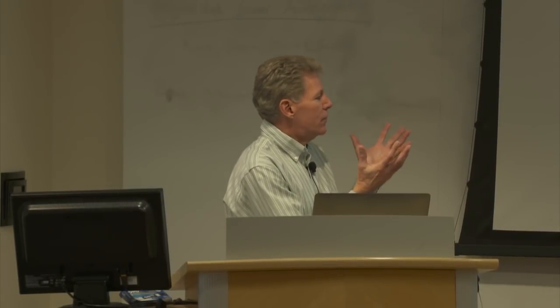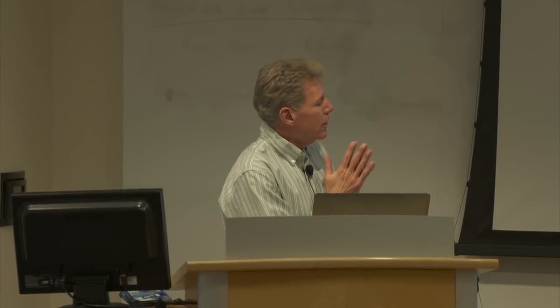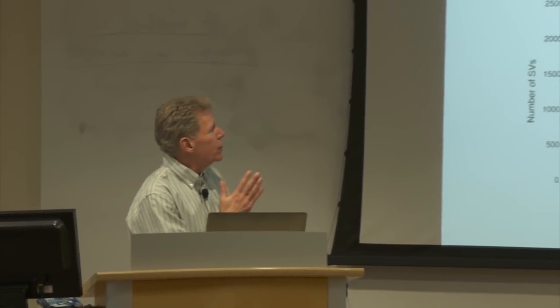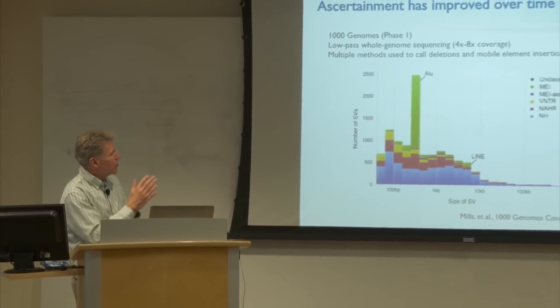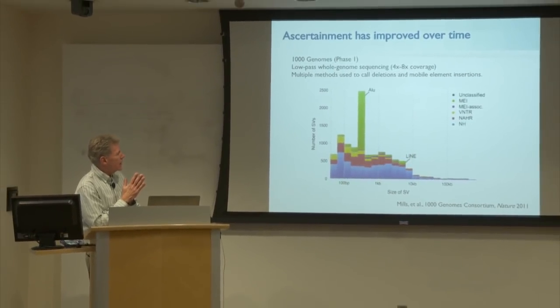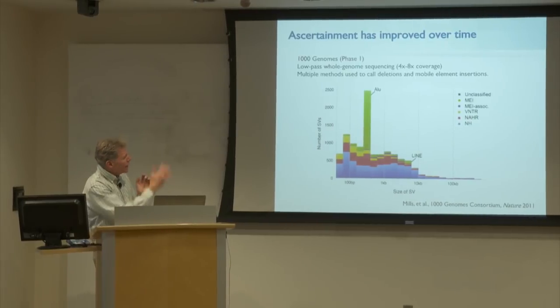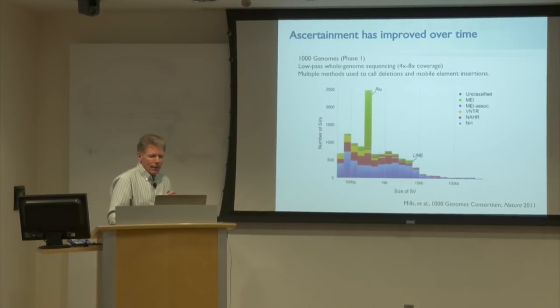Our ascertainment has definitely improved over time. This is an example of ascertainment from a few years ago in the 1,000 Genomes Project, where we had low-pass whole genome sequencing data, so short reads at low coverage. Multiple methods were used in 1,000 genomes to try to ascertain structural variation, and this is kind of the picture we had.